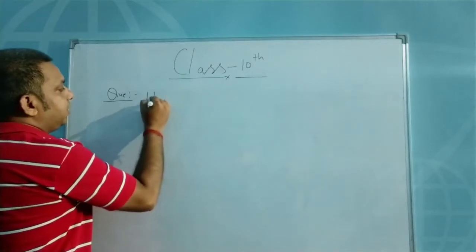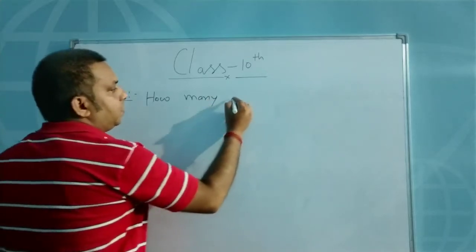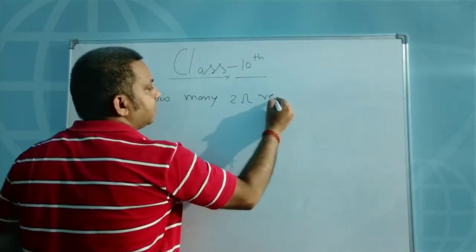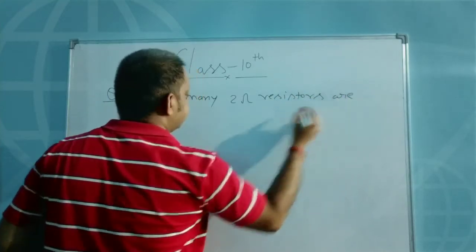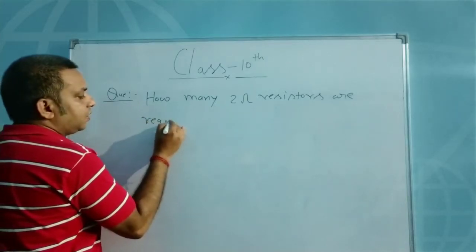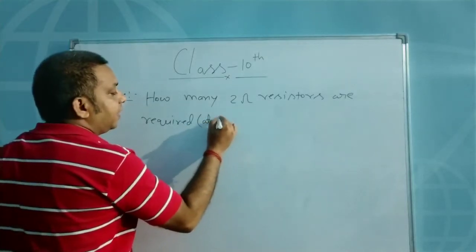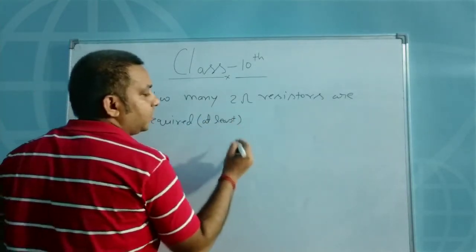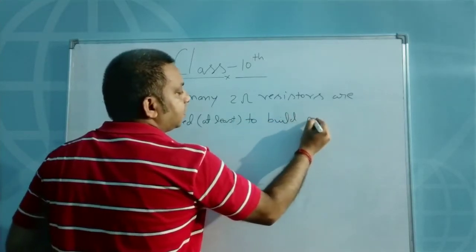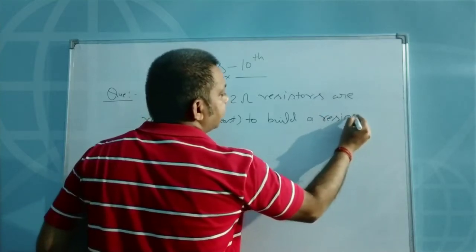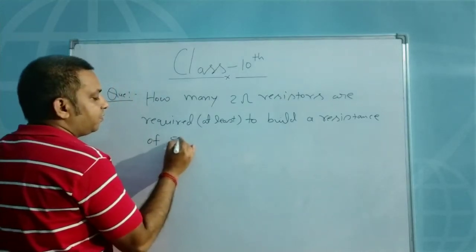How many 2 ohm resistors are required at least to build a resistance of 5 ohm?